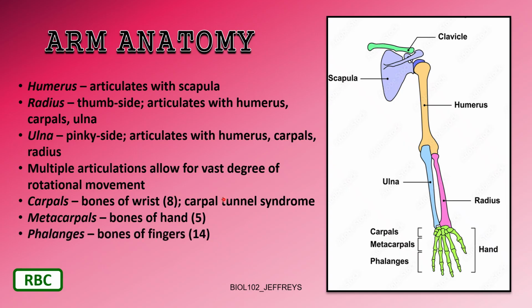And then the bones of your fingers, there are 14 bones that make up your fingers. We call them collectively phalanges. And again, you don't have to learn the individual bones, but the deal here is you have 4 fingers, and each of them is made up of 3 phalanges. One is called a phalanx.